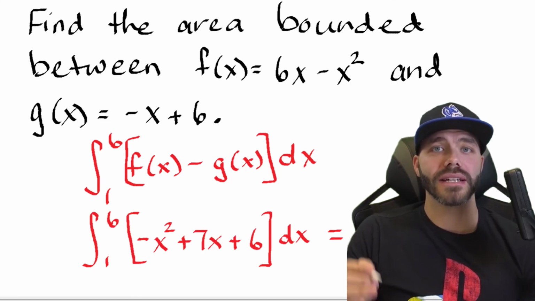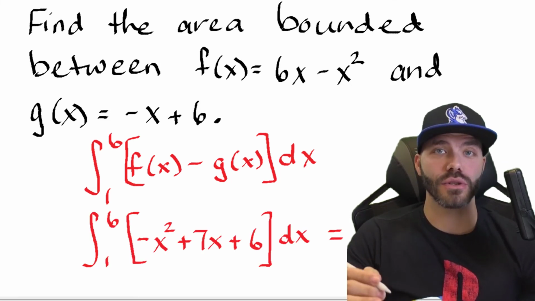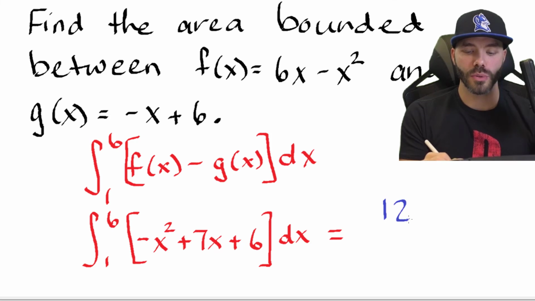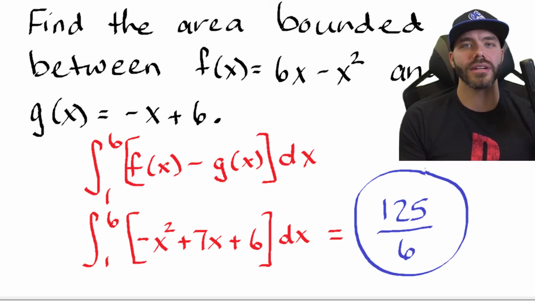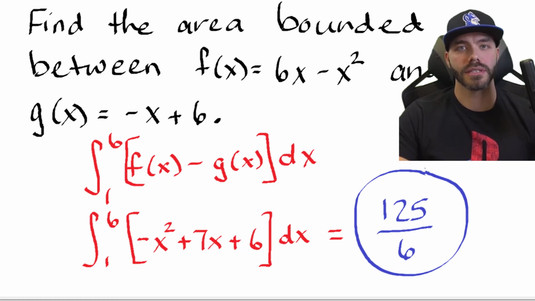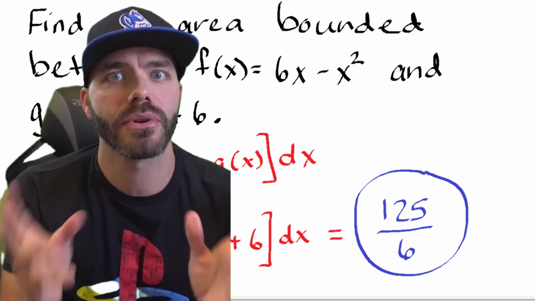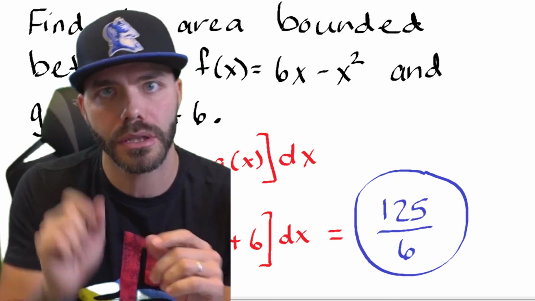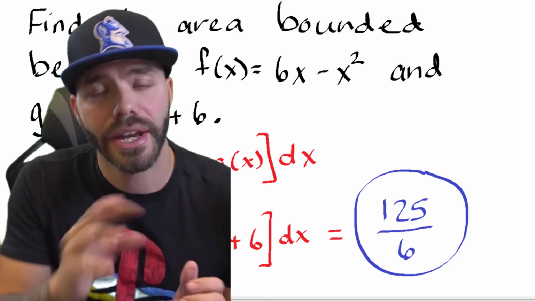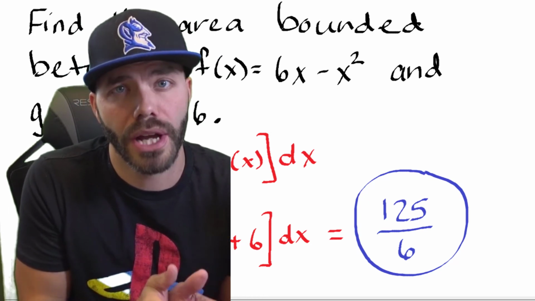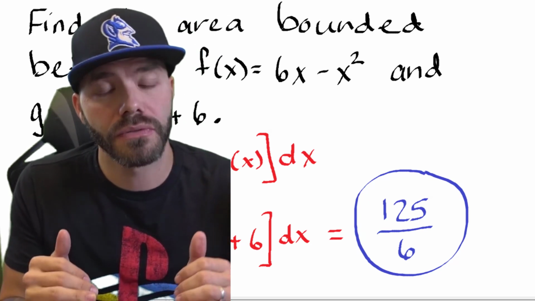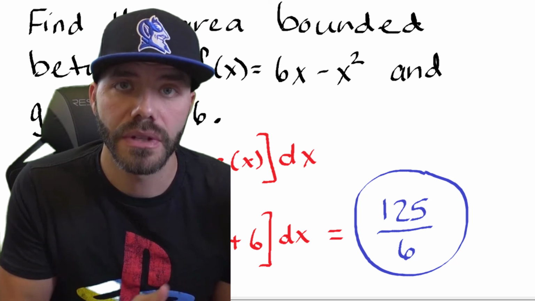And if you apply the Fundamental Theorem of Calculus there, you will get 125 over 6. That would be the area between these two curves. I hope the pictures and the graham cracker analogy, or the rectangle with the semicircle cut out of it, help visualize what you're actually doing when you subtract the area under one curve from the area of another curve.